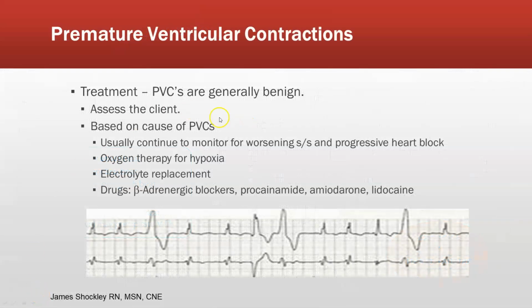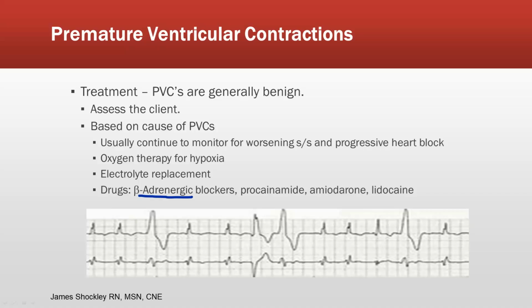So we've talked about assessing our client, right? Looking at the underlying causes, eliminating the underlying causes, obtaining vital signs. You could give medications potentially, but I'm going to probably assume that most of these clients already have other cardiac comorbidities happening. But typically you may see a carvedilol, labetalol.